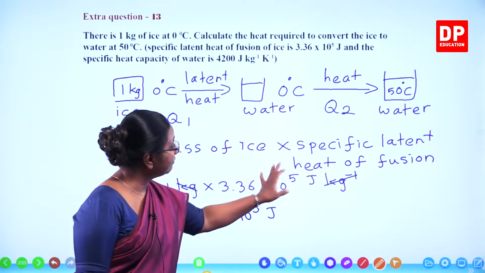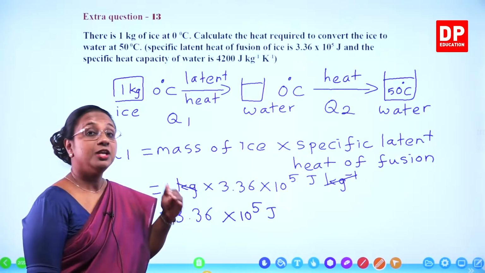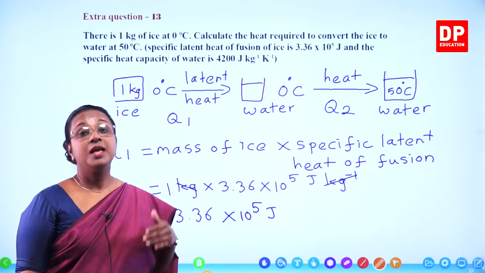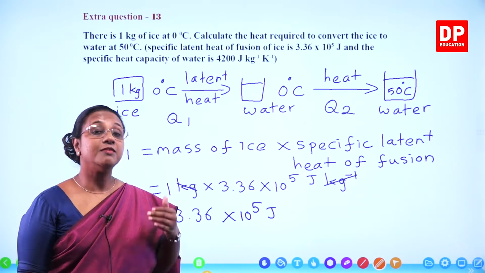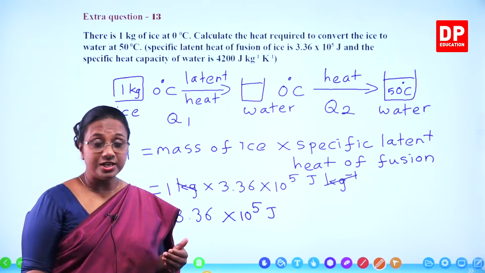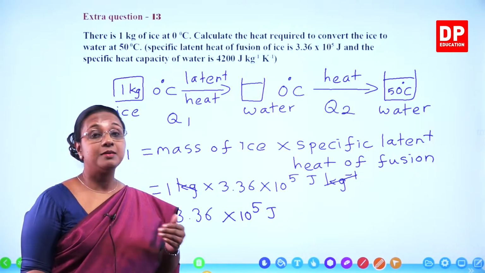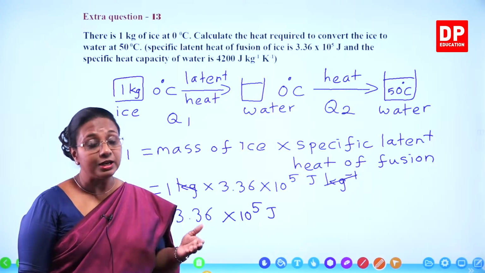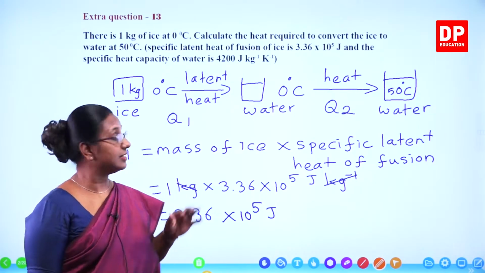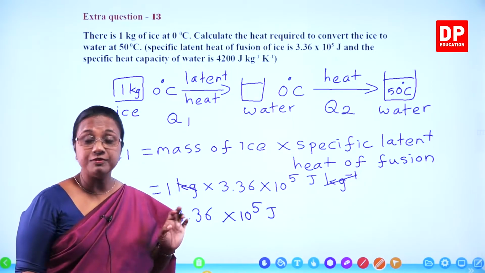You don't have to even write this way. You all know the definition. The amount of heat required to convert 1 kilogram of a solid substance at its melting point into the same amount of the liquid substance is known as the specific latent heat of fusion.